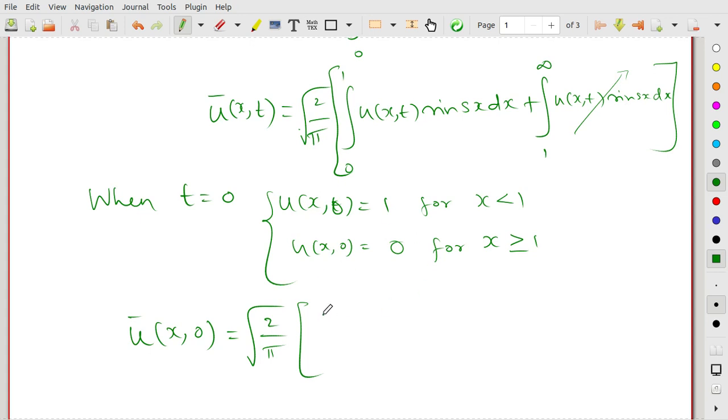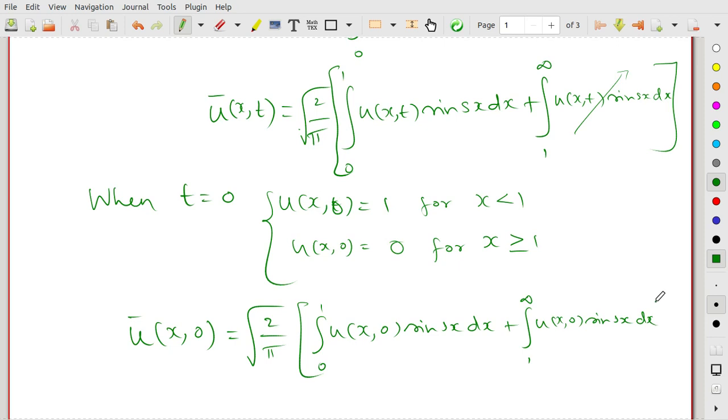Let me rewrite this so it will be clear: integral 0 to 1 of u of x comma 0 sine sx dx plus integral 1 to infinity of u of x comma 0 sine sx dx.